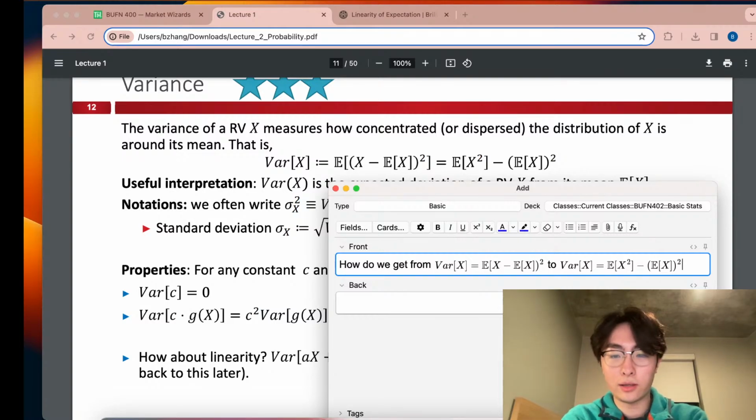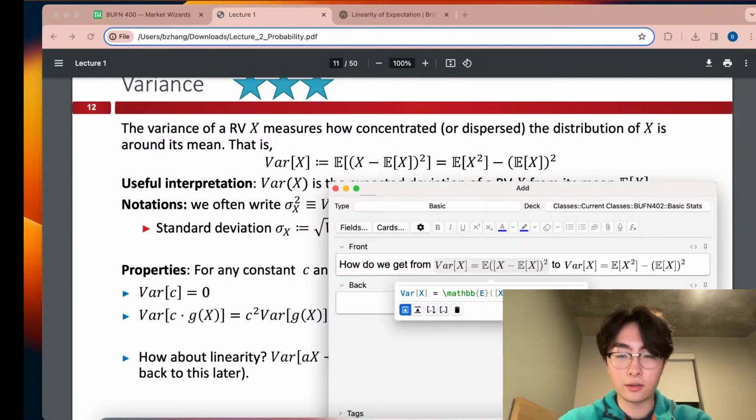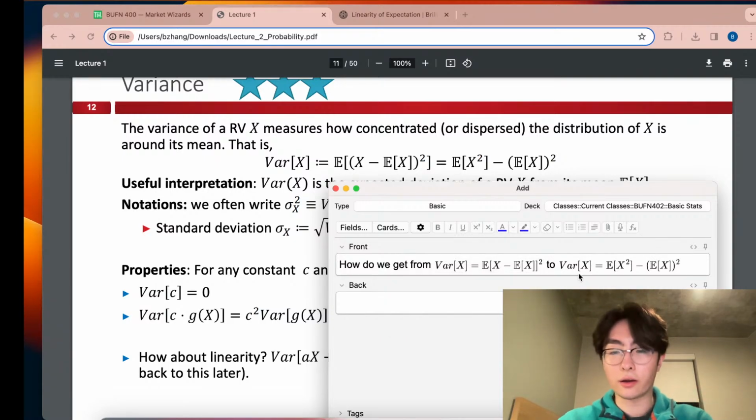Okay, yeah, how do we get from here, which is a big step, oh shoot, I'm missing a parentheses here. So this is a big step, oh man. There we go, that's probably better, okay.